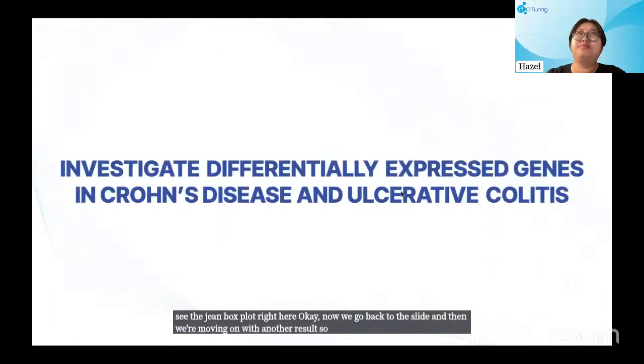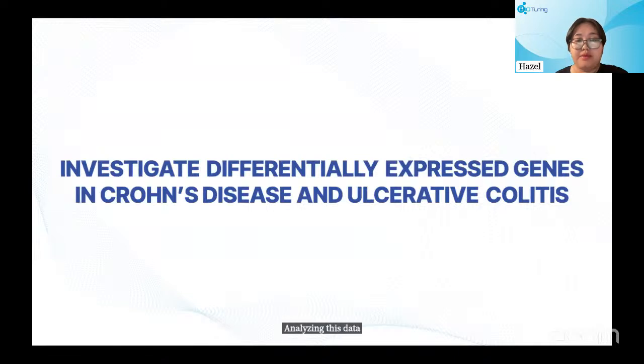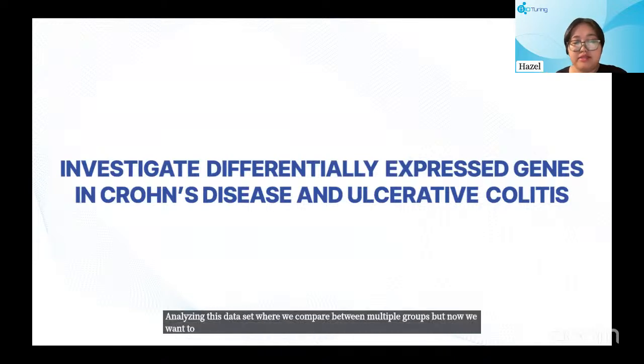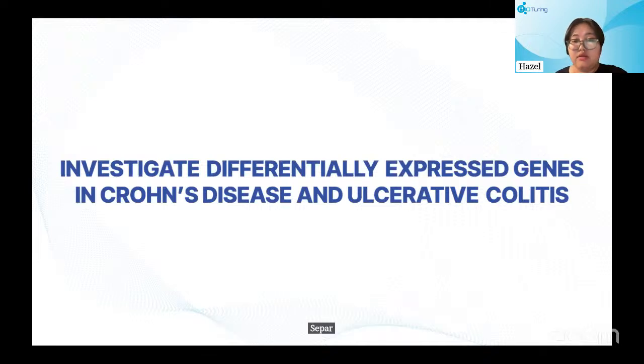So we just performed ANOVA analysis, which is the very first round of analyzing this data set where we compare between multiple groups. But now we want to dive a little bit deeper to investigate the differentially expressed genes in Crohn's disease and ulcerative colitis separately when compared to normal control.